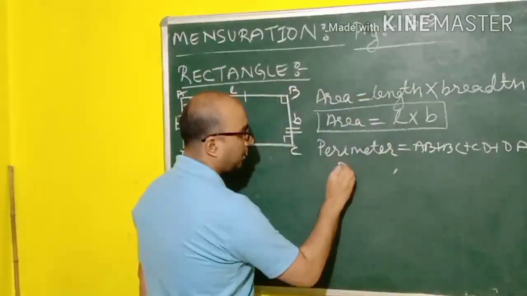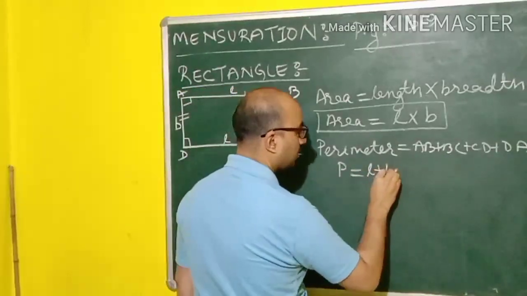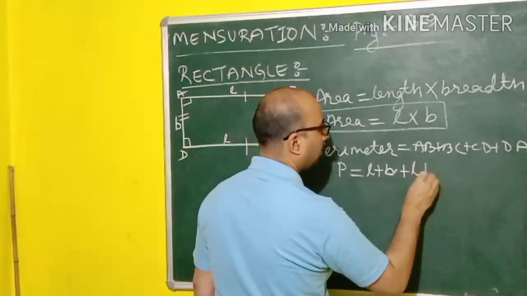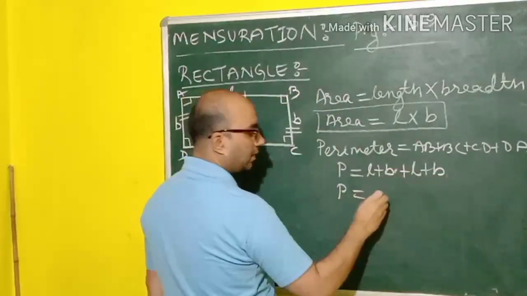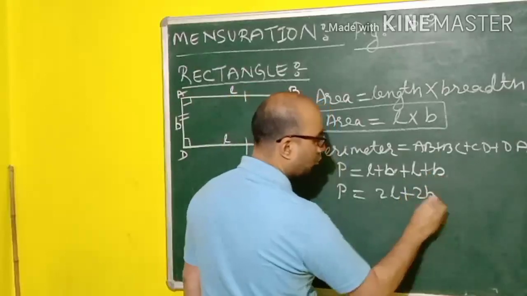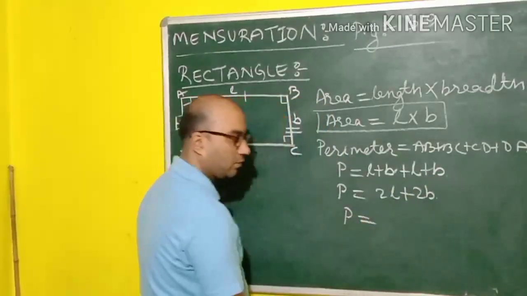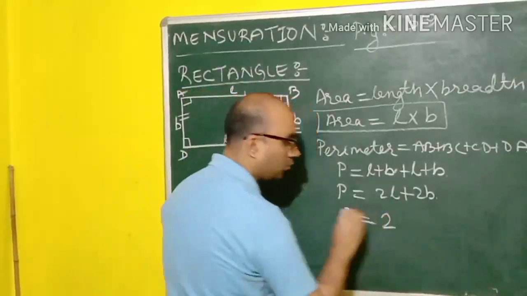So perimeter is equal to AB is l, plus b, plus l, plus b. So perimeter is equal to l plus l, which gives us 2l, and b plus b, which gives us 2b. Since 2 is the common factor in both the terms, we take out 2 as the common factor.